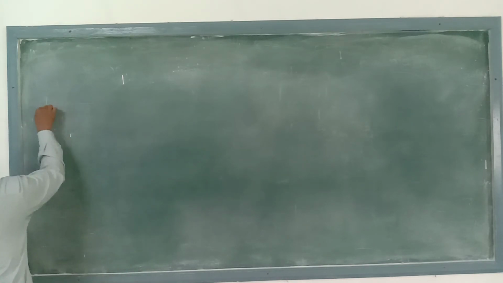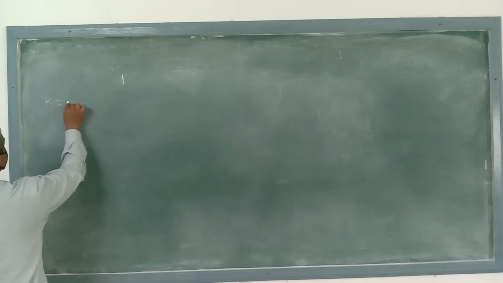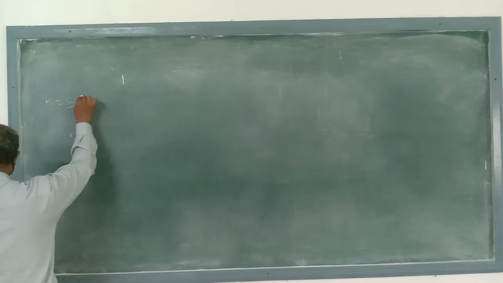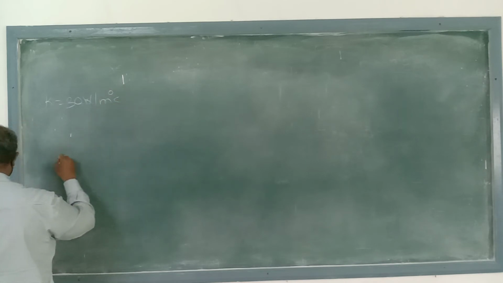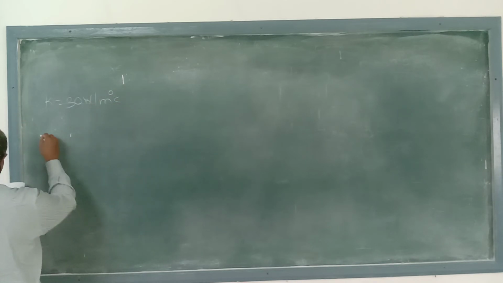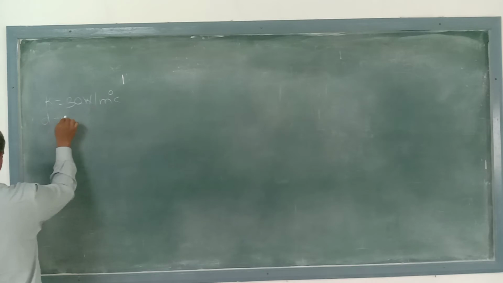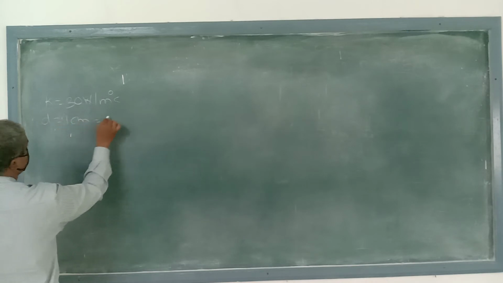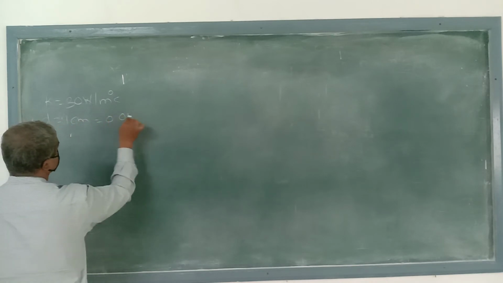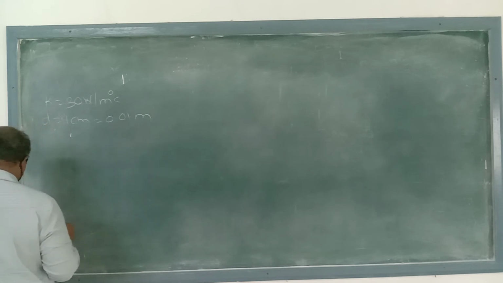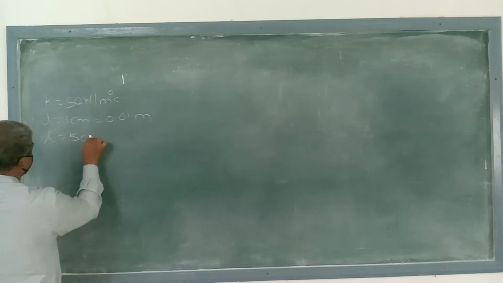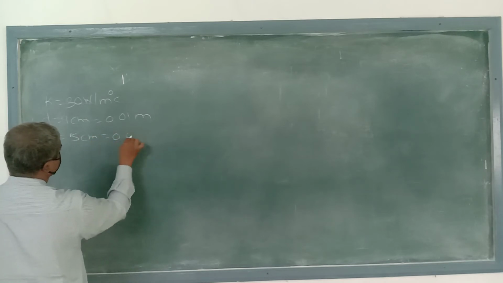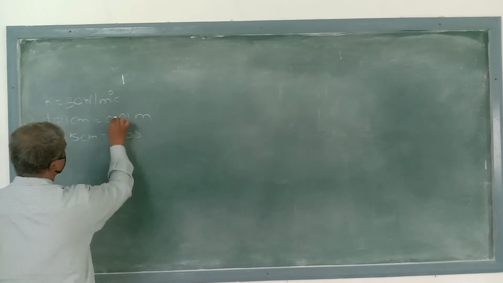First of all they have given k equal to 30 watt per meter degree Celsius, diameter they have mentioned 1 centimeter, next length they have given 5 centimeter, we can convert it into meter.